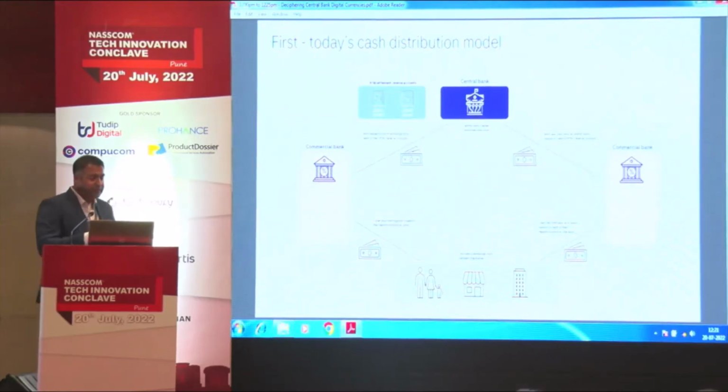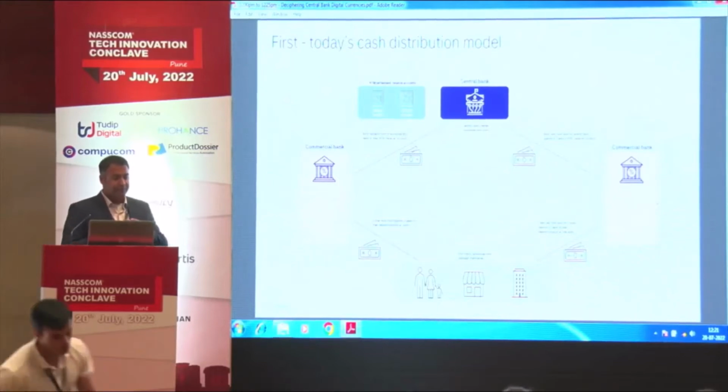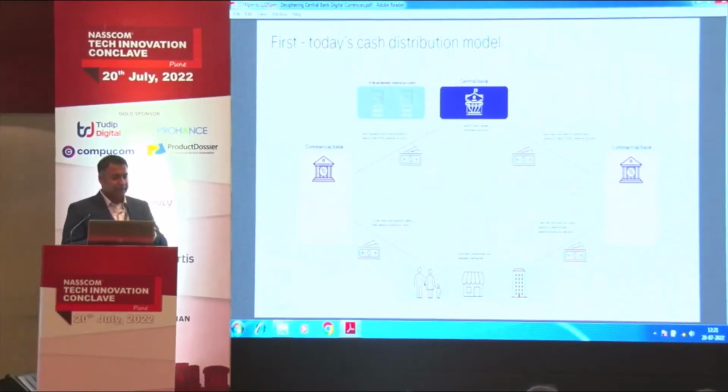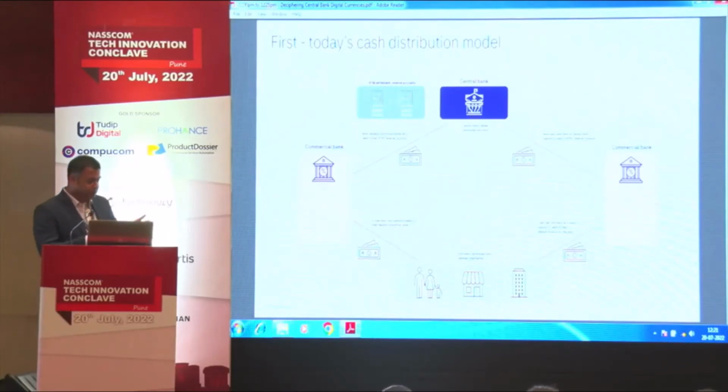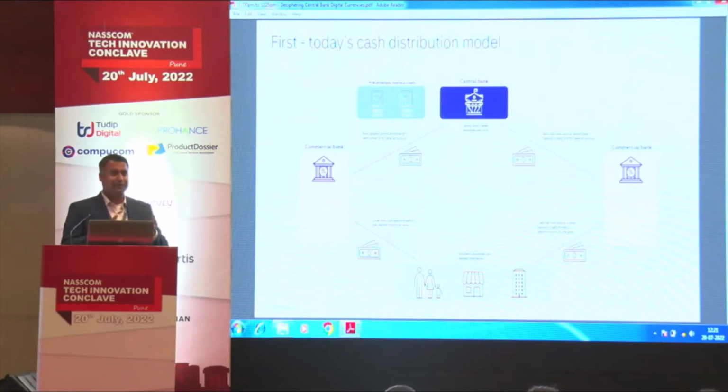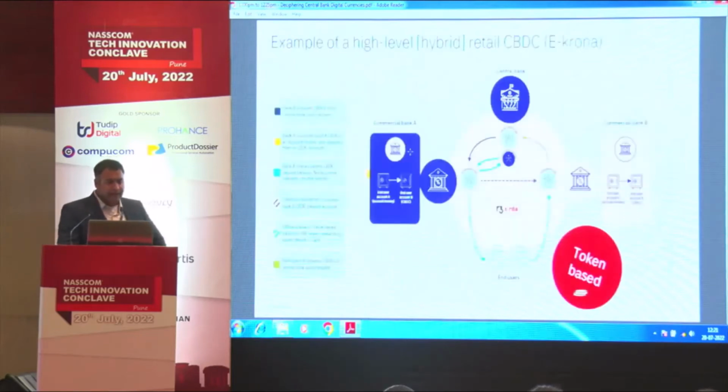Which is also a very key consideration for a framework like digital currency from the central bank, because you can then start issuing digital currencies. I'll also show you how a digital currency would look in real life. For example, China has come a long way in their pilot, right? And this is an example of a very high-level CBDC framework which we designed for the Swedish Central Bank.